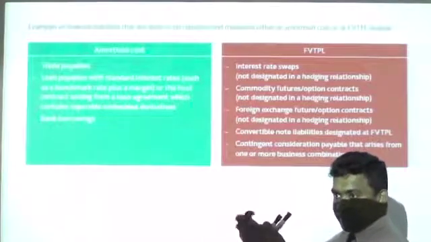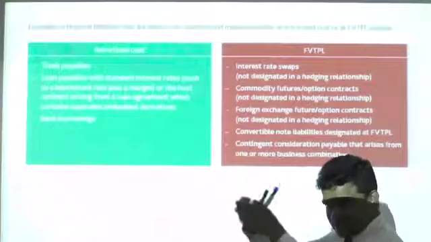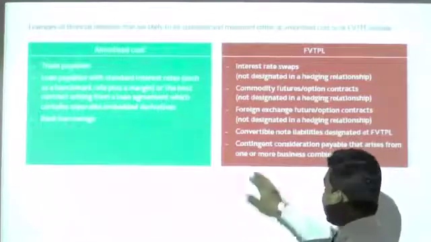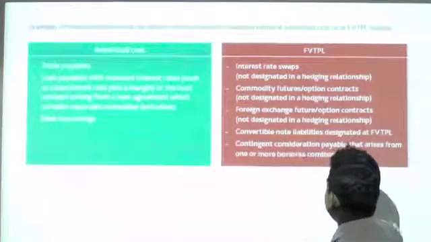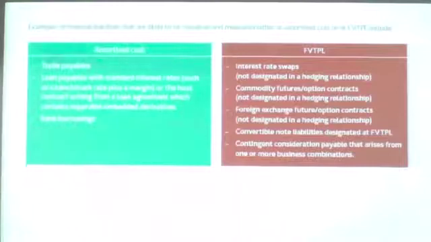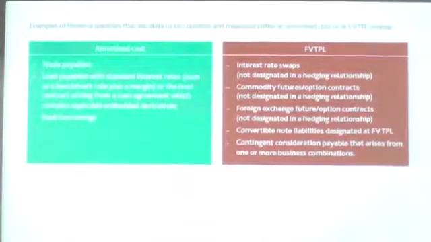But if you can't bifurcate, it is always kept together at fair value through P&L. Is that clear? And finally, a fair value through P&L financial liability is the contingent consideration payable in the parent's books of accounts. It will be measured at fair value through P&L, not at amortized cost. Is that clear? Therefore, these are the examples for amortized cost financial liabilities and fair value through P&L financial liabilities.